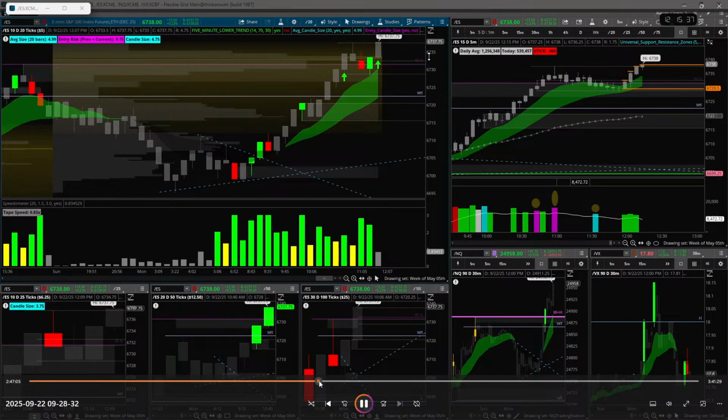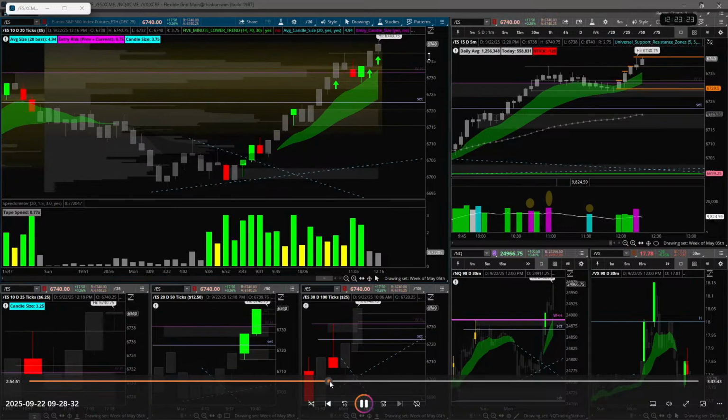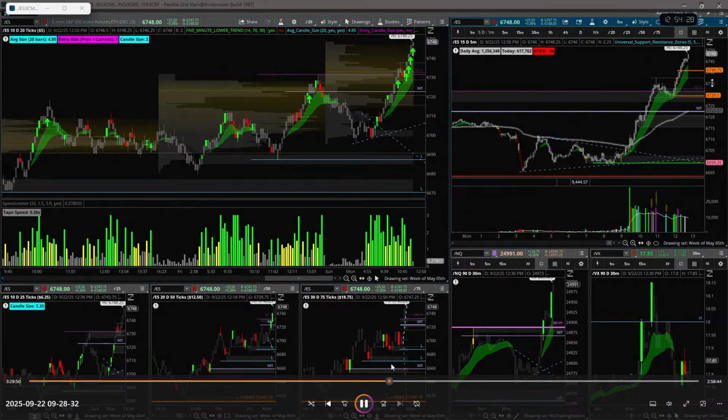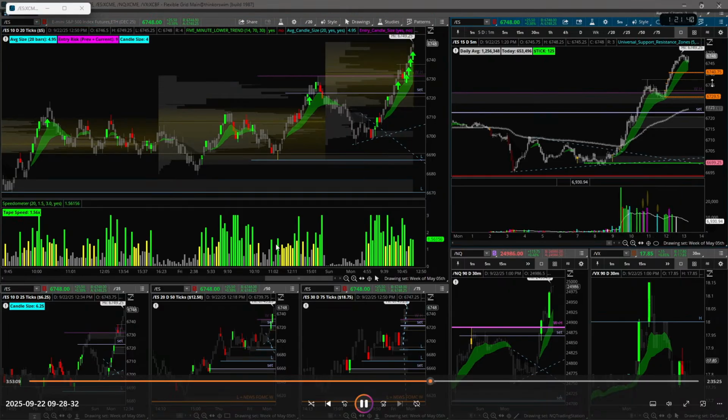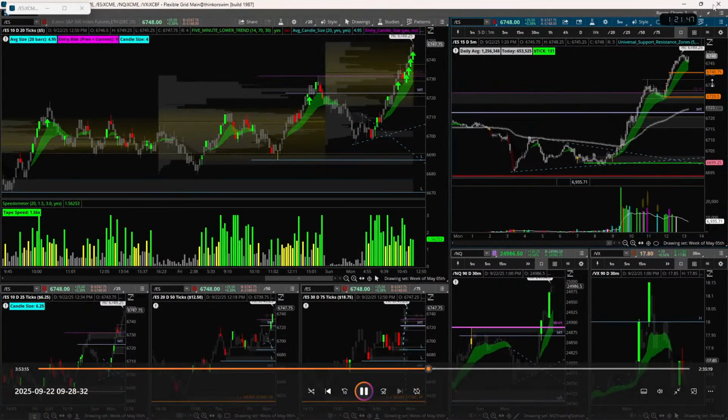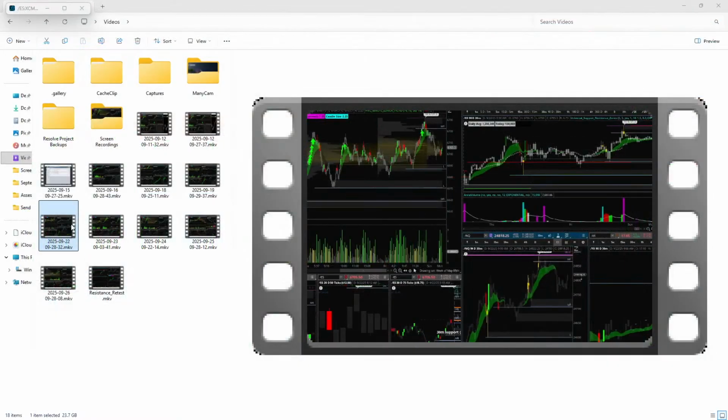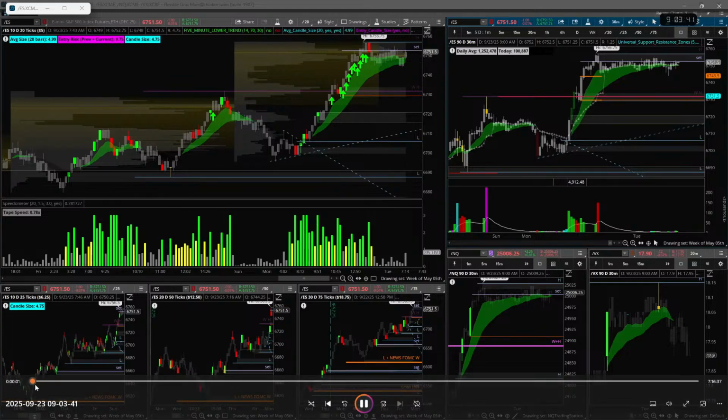That was the entry, in a sense, and then price pushed even higher. Volume died out here, but not here, so that didn't work out. But break even, thank God, walked away.